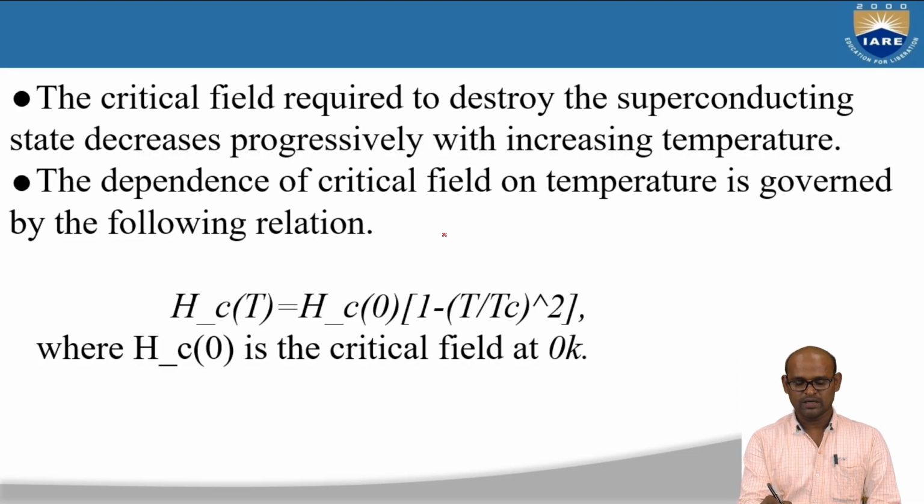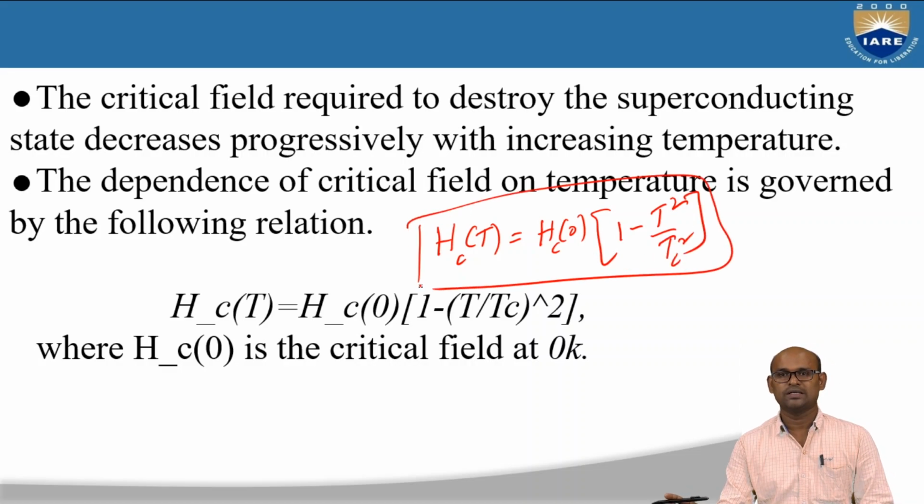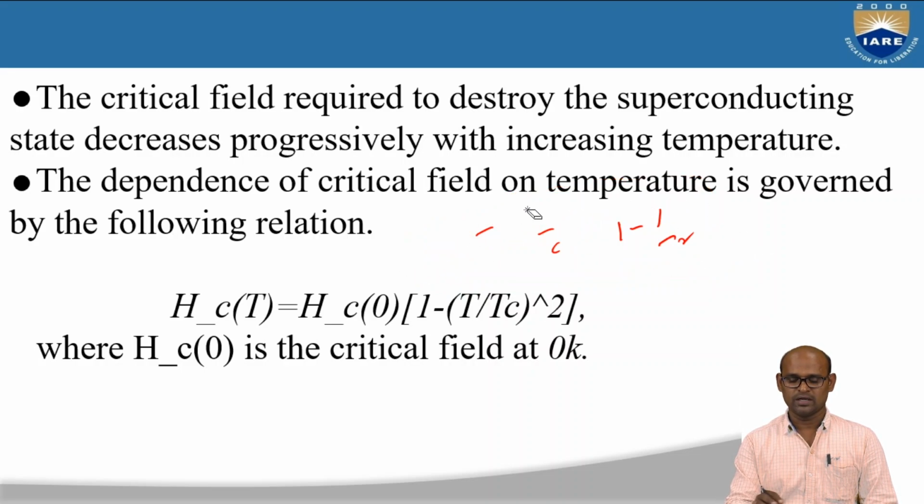The variation of critical field with temperature is Hc(T) = Hc(0)[1 - T^2/Tc^2]. This is a very important equation which is used to calculate different parameters, for example the critical field at finite temperature, or the critical field at absolute 0 Kelvin, or you can also calculate the critical temperature for different materials given the critical field at finite temperature and at 0 Kelvin.